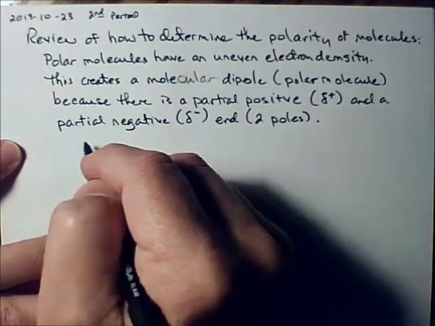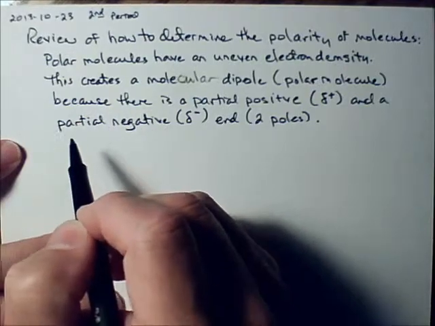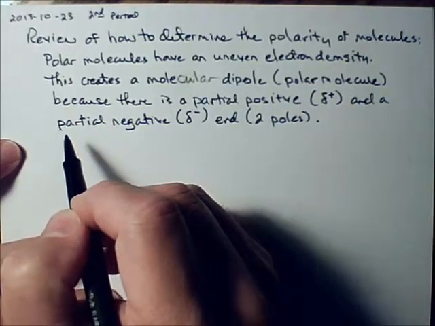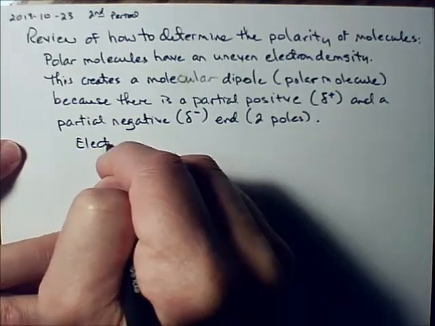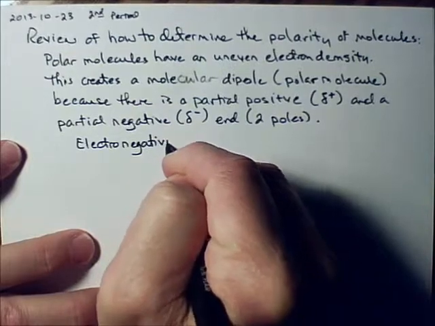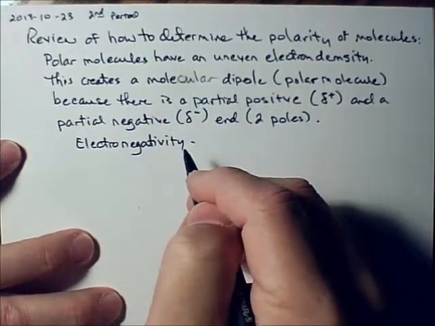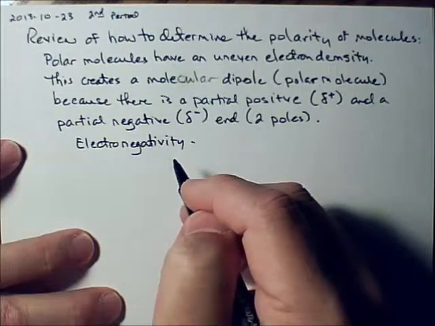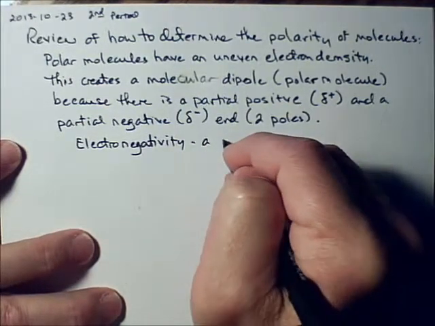All right. So, to figure out whether you have this uneven electron density, to figure out whether you have polarity, you need to understand about electronegativity. Electronegativity is a comparison of how hard one atom pulls on the electrons it shares with another atom.